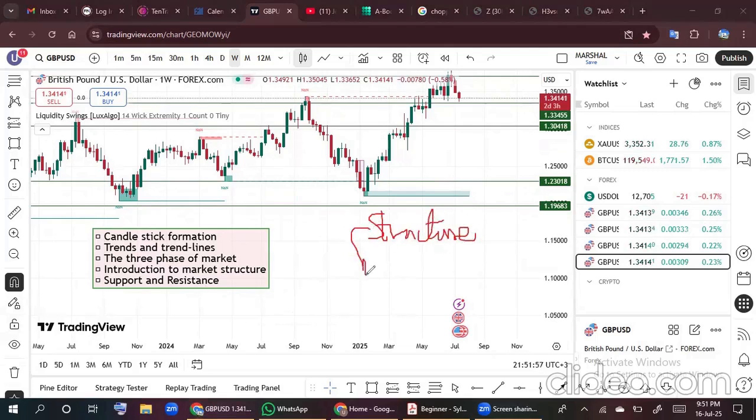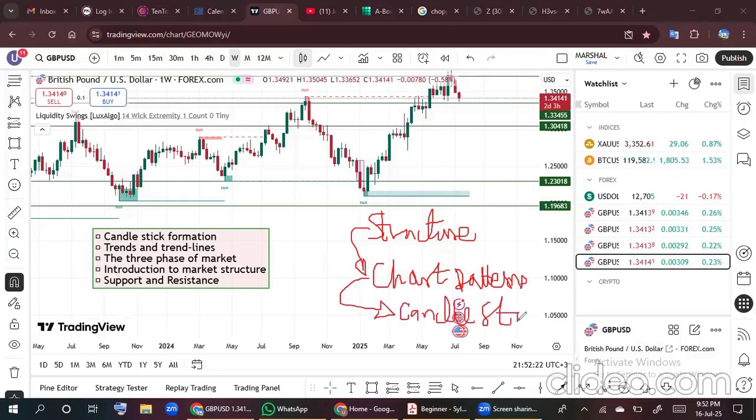When you break or look inside structure, what you will see is chart patterns. Inside chart patterns, what you will see is candlestick formations.